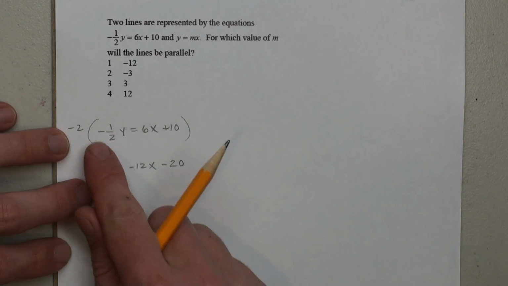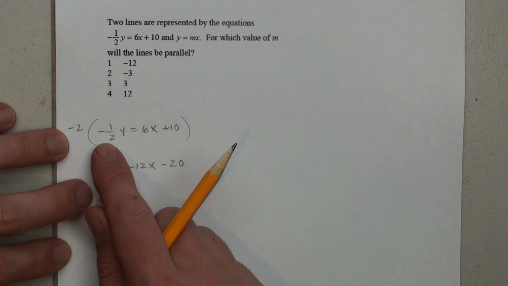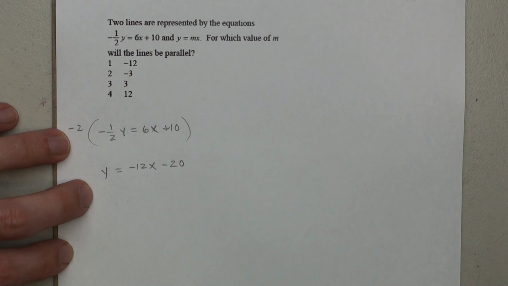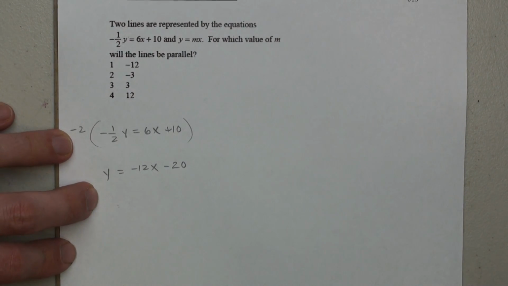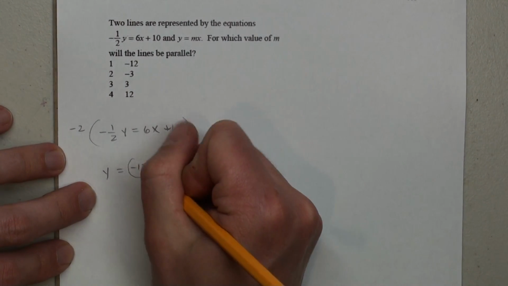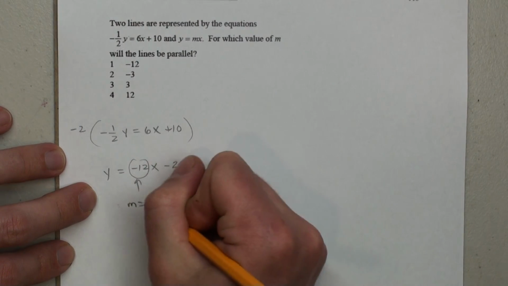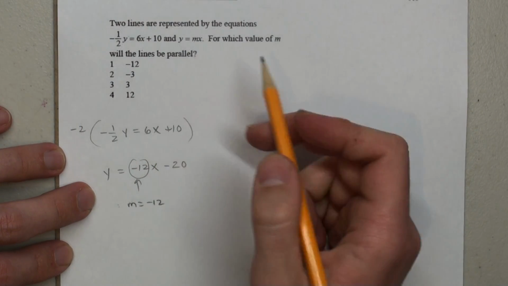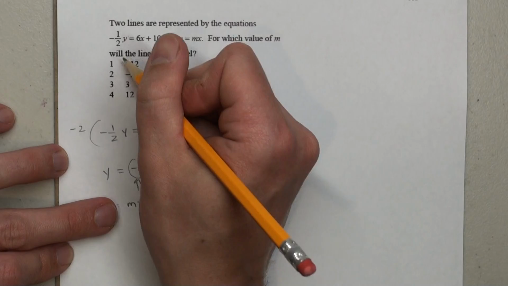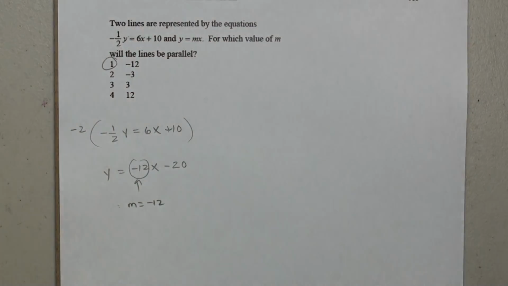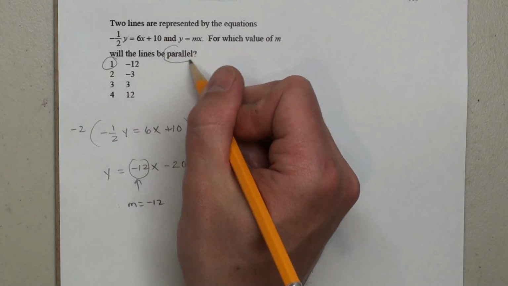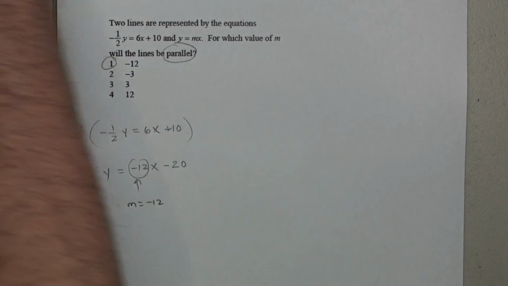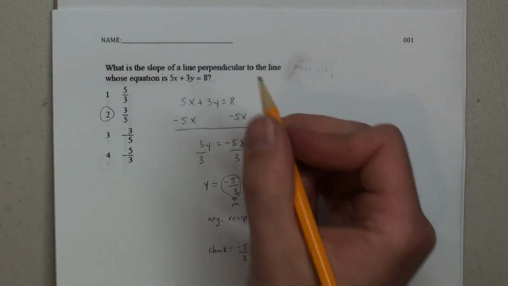Okay, because negative 2 times negative 1/2, that's 1. All right, so I'm just left with y. So here's what my slope should be. So that's what y equals mx should be. Choice 1.